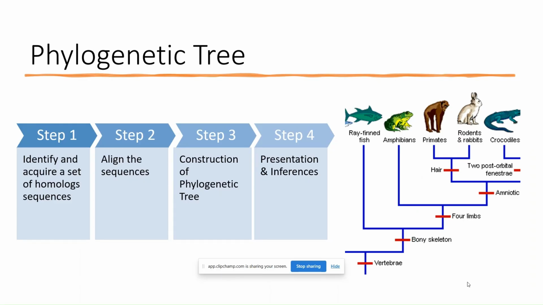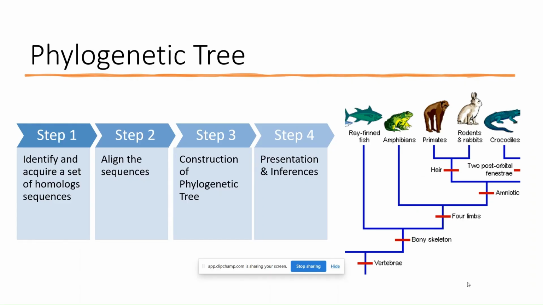Third, we have to estimate, or we can say construct, the phylogenetic tree. When we have the phylogenetic tree, we have to present it clearly, stating what information we are going to extract from that tree, and then we can make inferences from it. So these are the four basic steps to construct the phylogenetic tree.